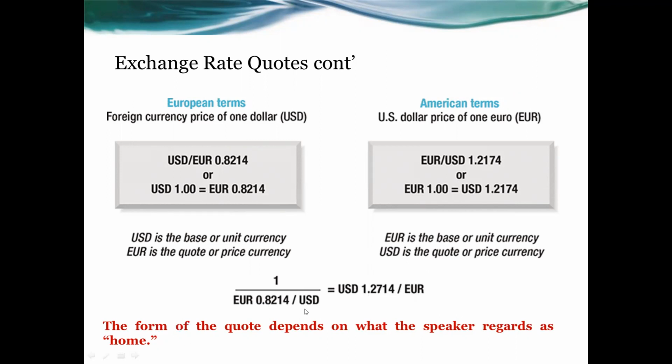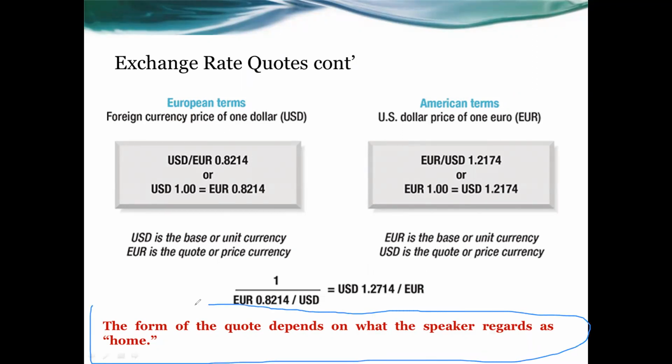This form of quotation, as I mentioned earlier, depends on where the main party is considered as home. In our term, the rupee is our home currency, but for a US citizen, the dollar is his or her home currency. Therefore, based on the home currency, the direct and indirect quotation is going to change. That is the basic idea behind exchange rate quotations.